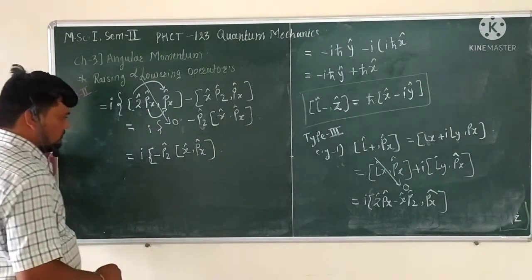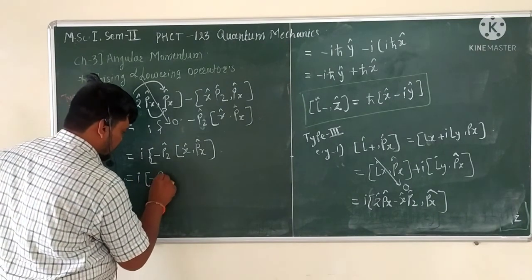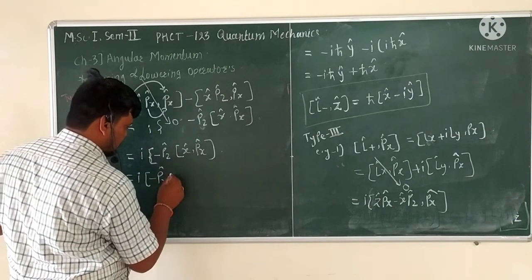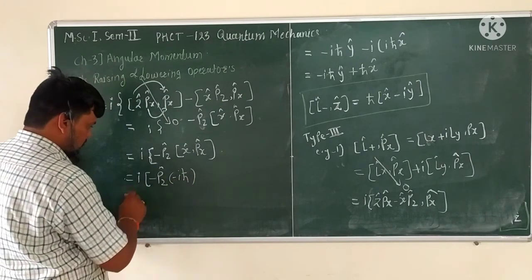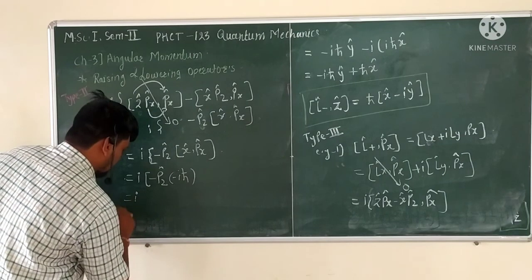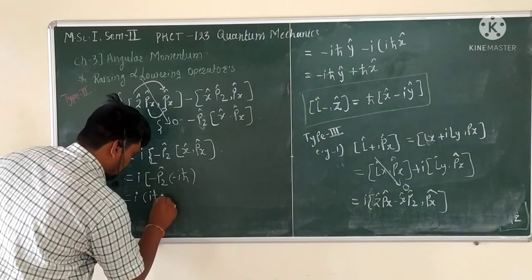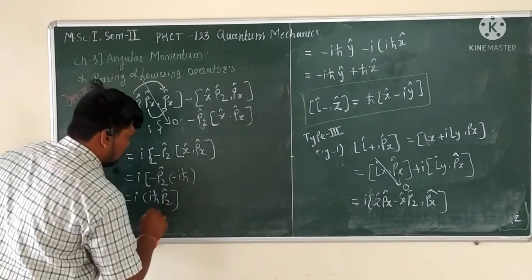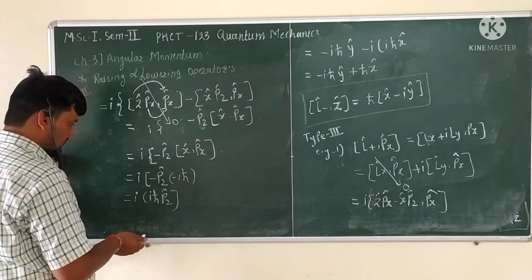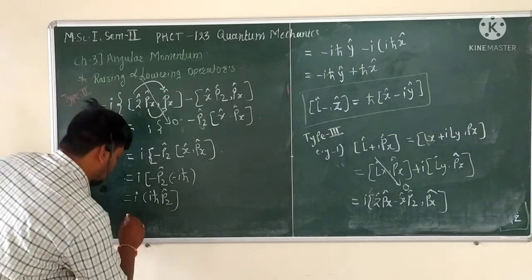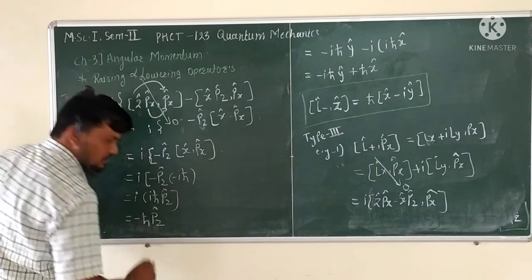If you solve this commutation relation, i is there, minus Pz cap is there, and this is minus i ħ. So minus into minus is plus, and here i times i ħ of Pz cap, and again i times i is minus ħ of Pz cap.